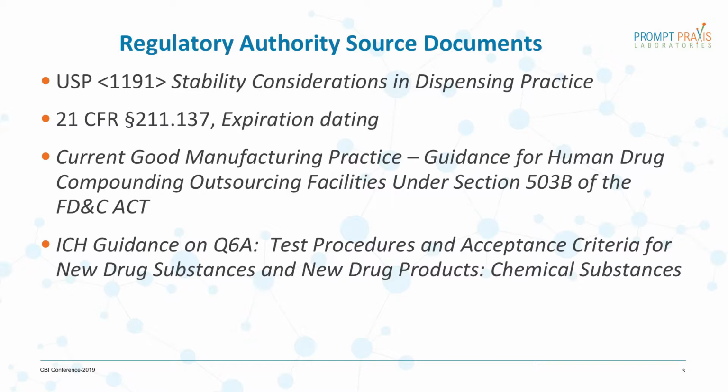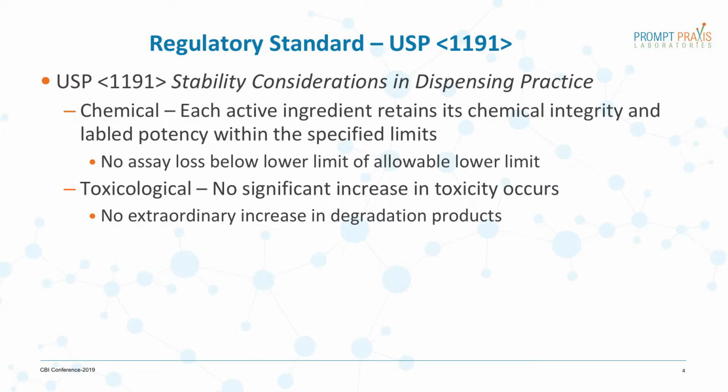So here are the set of four that we use: the USP 1191, Stability Considerations in Dispensing; the 21 CFR, expiry dating; the current Good Manufacturing Practices Guidance, the most recent one that's been edited for 503Bs, which also provides you a reference document; and ICH Guidance Q6A, Test Procedures and Acceptance Criteria per that title.